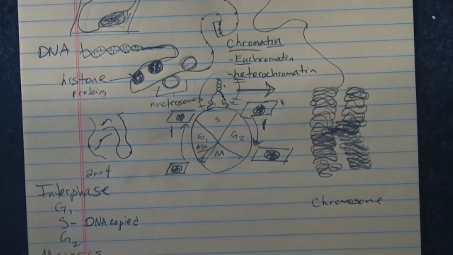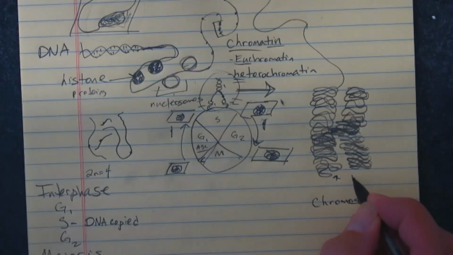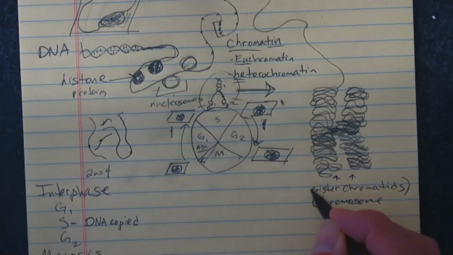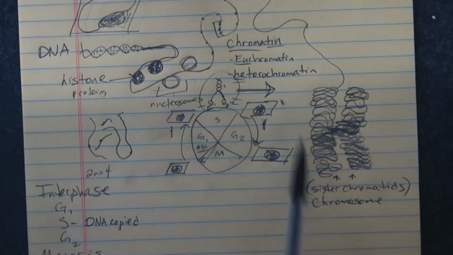Those terms make sense, rejog your memory. So you have semi-conservative replication, where each of these DNA strands, actually sister chromatids, have one old and one new, or one original and one newly synthesized strand. So these sister chromatids make up the duplicated chromosome.